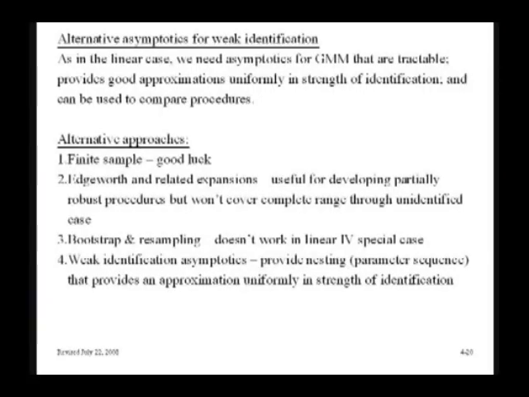Okay. So what are the alternative approaches? But by the way, the Hansen, Heaton, and Yaron paper did a really great job of documenting some of the strange features of the GMM estimator. So what did they find?